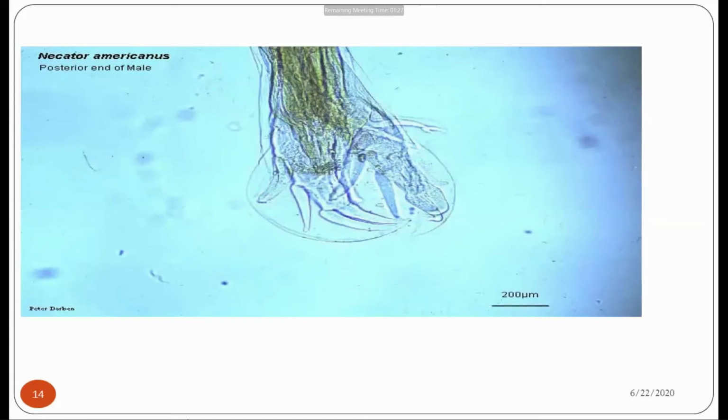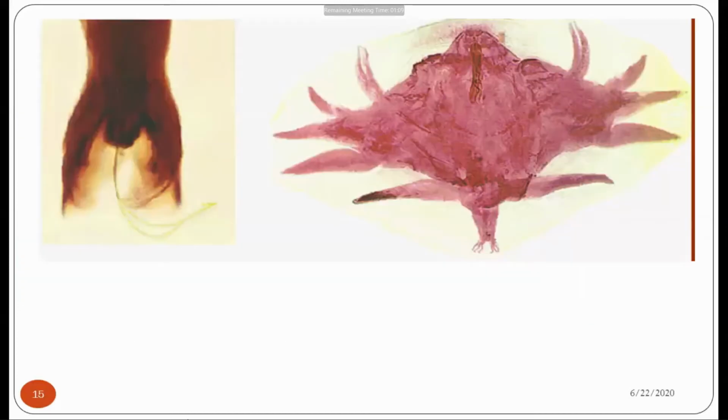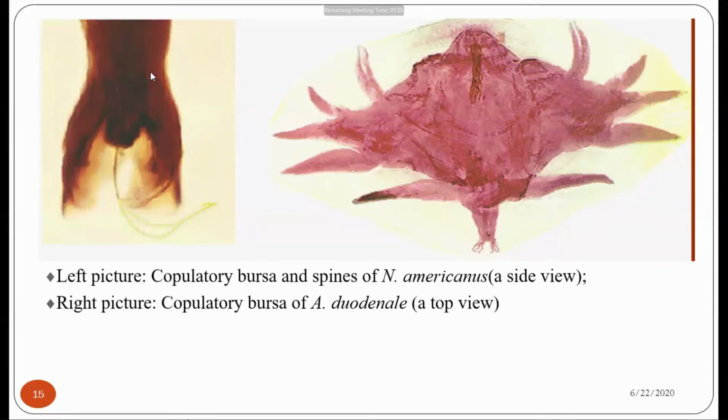Here we can see the presence of 14 rays along with the copulatory spicules. This is the top view of the copulatory bursa of Necator americanus and Ancylostoma duodenale, which shows the copulatory spicules along with the copulatory spines.